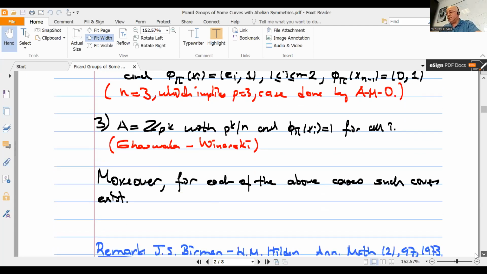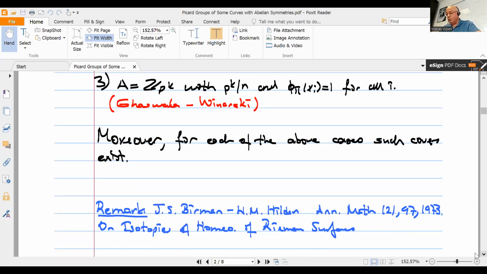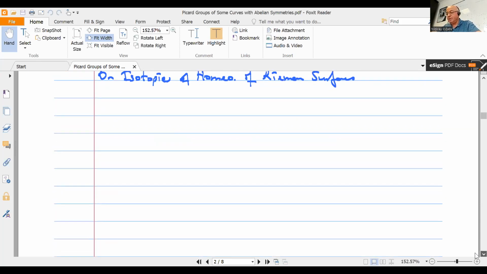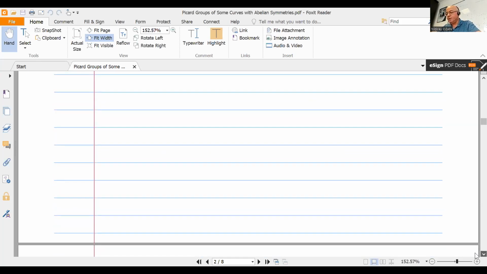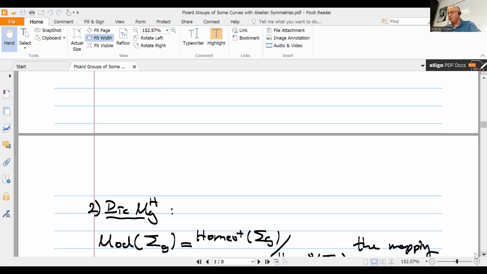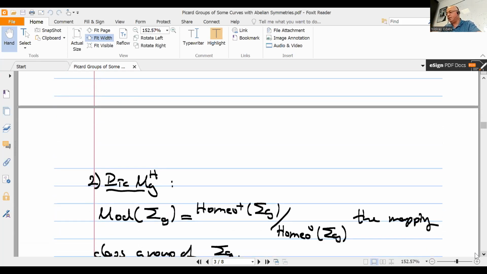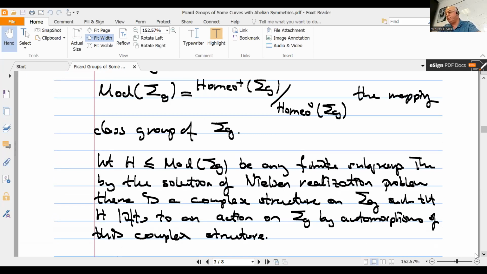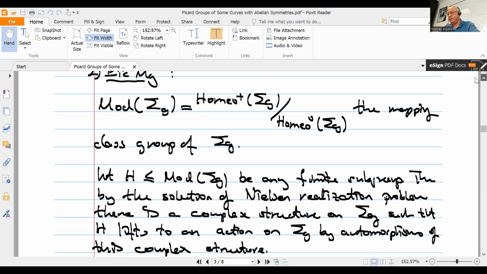Okay, so this is the story for covering spaces. Somehow that theorem describes finite abelian branch covers of two spheres, where all homeomorphisms of the two spheres preserving the branch set lift.